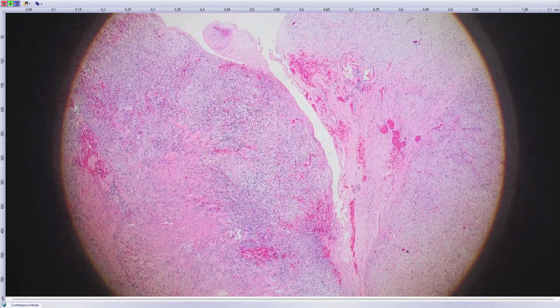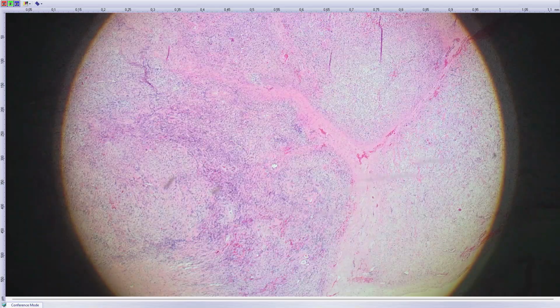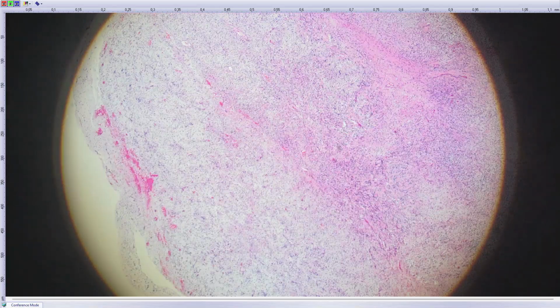What helps here are these cleft-like spaces and multinodular arrangement of these tumors, which is almost always present. These tumors have no ossification and always have this bland spindle cell morphology.